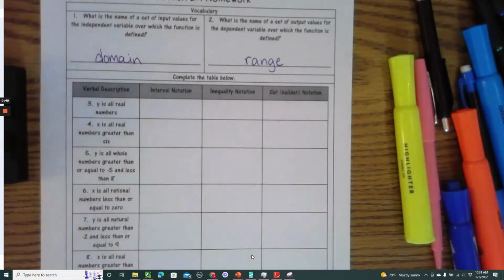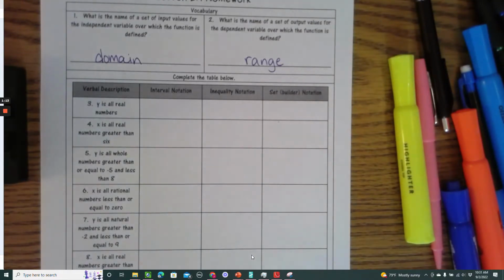So all real numbers means everything from negative infinity to positive infinity. So in interval notation, and again, that's where this little half sheet comes in handy. Interval notation, we write two numbers separated with a comma, and we write either parentheses or brackets. So we write parentheses when it's like less than, greater than, or it's infinity signs.